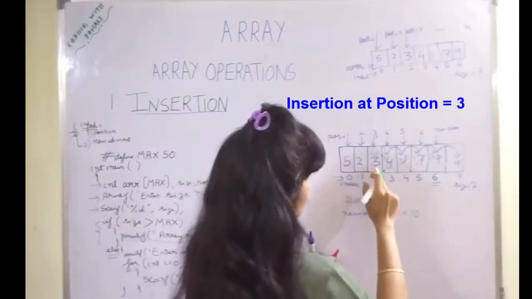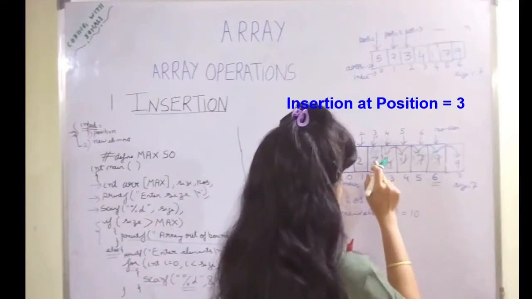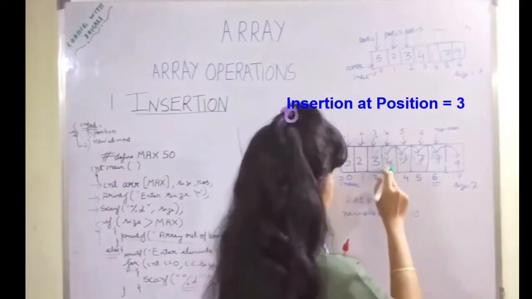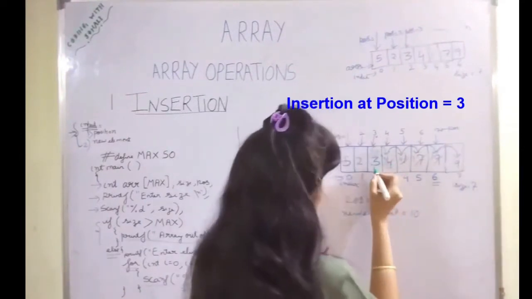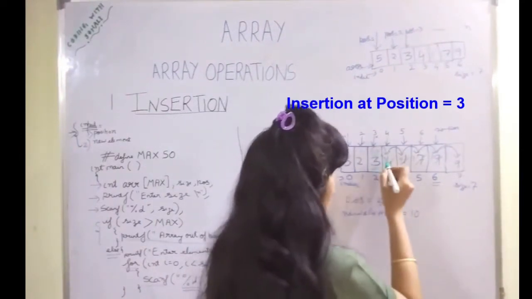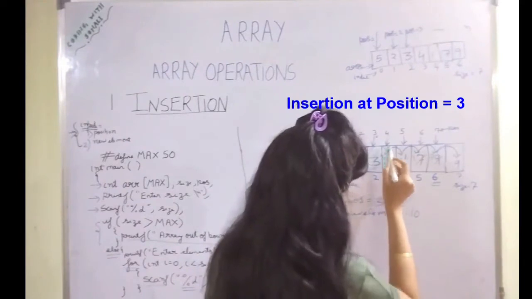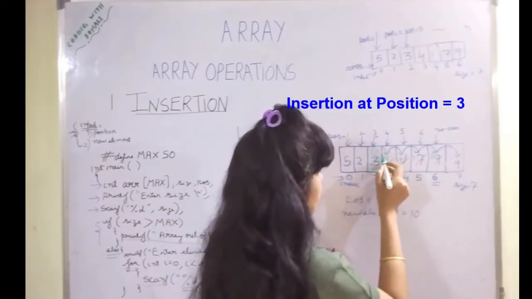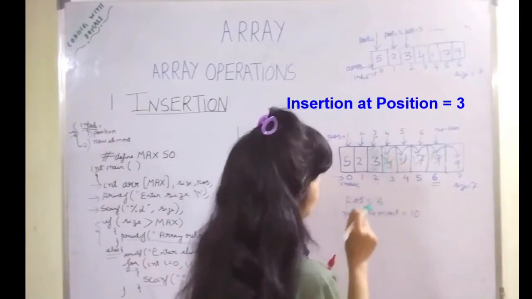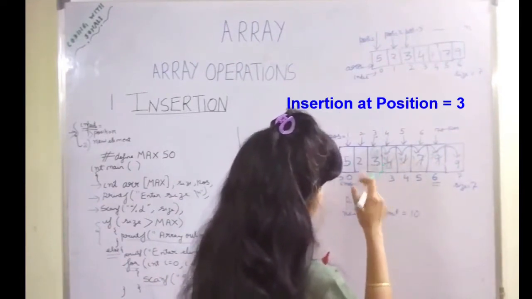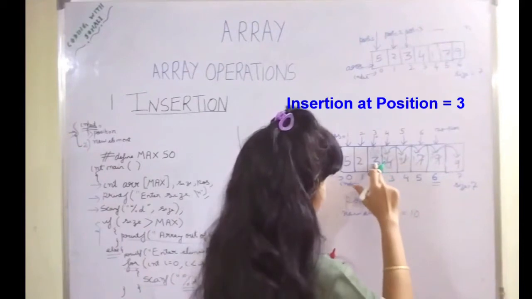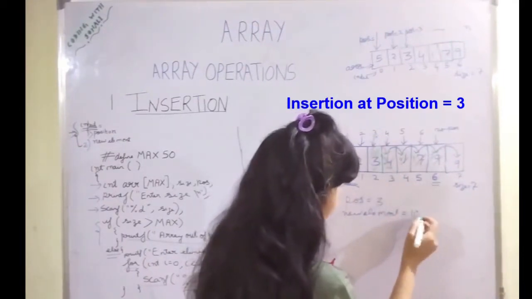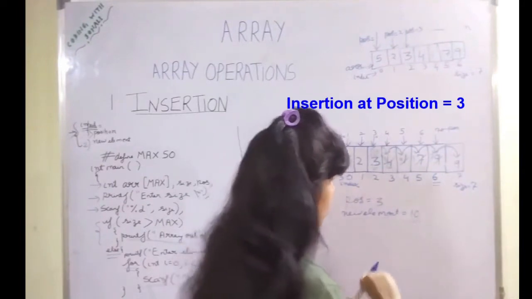In that case, the 3 which is there will go to the next position. Now you can see we have 3 here as well as 3 here, that is at 2 places. So now in the next line we can simply override this 3 by the element which the user has asked to insert. The user has asked to insert the element 10.